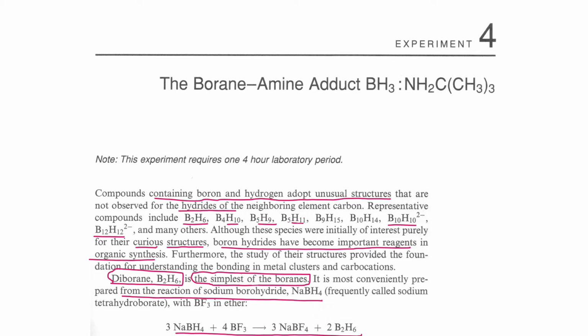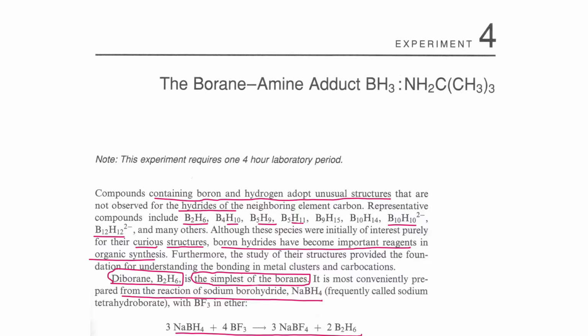This is the fourth experiment, and in this experiment you're going to prepare the borane amine adduct, which contains BH3 on one side, the Lewis acid side, and tertiary butylamine on the Lewis base side.